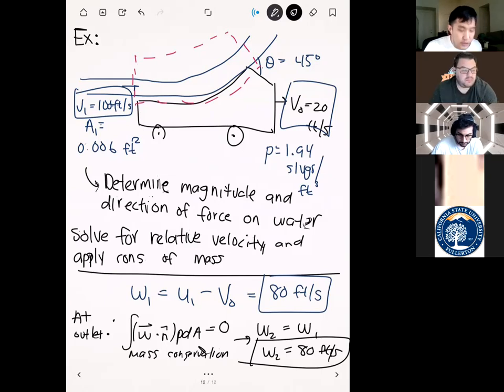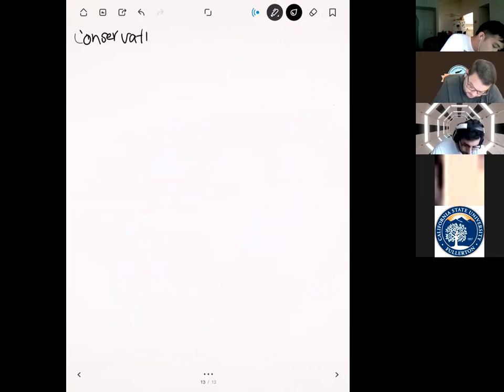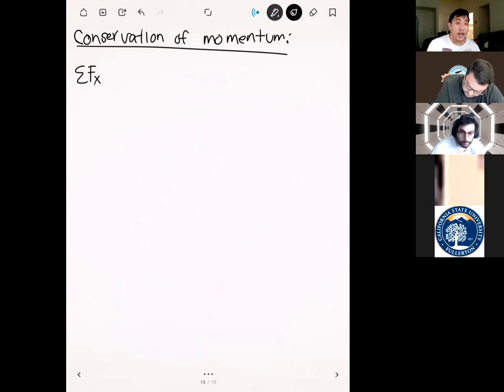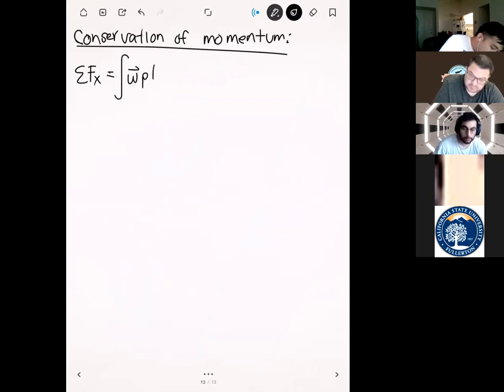Okay. And so now that we have this, we can apply conservation of momentum in the X and Y directions. First, let's do the X direction. I'm going to do the X component for the inlet and the outlet. Fx is going to be the integral of rho W times W dot n dA.